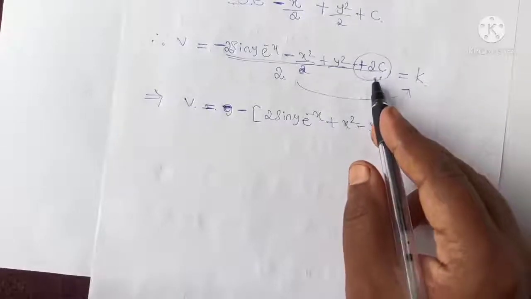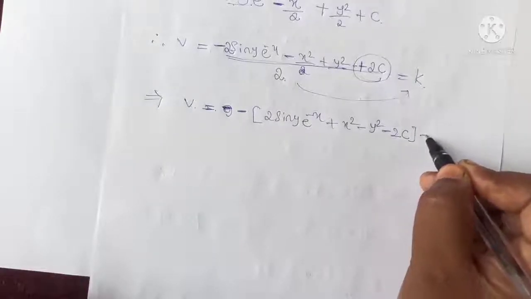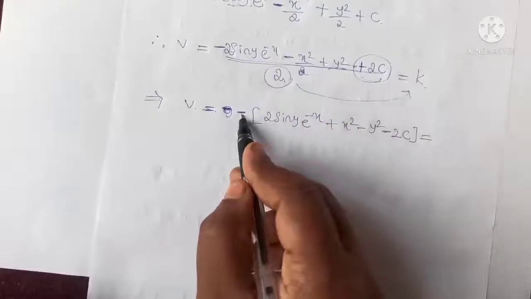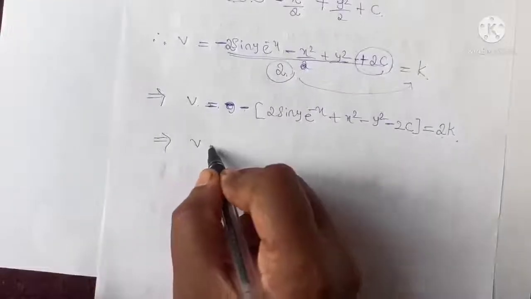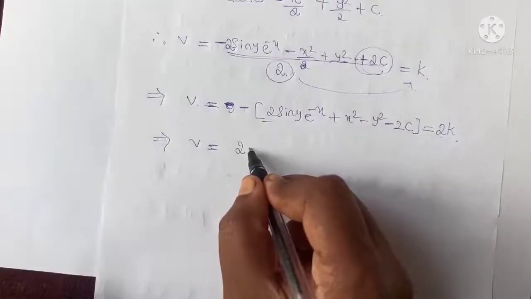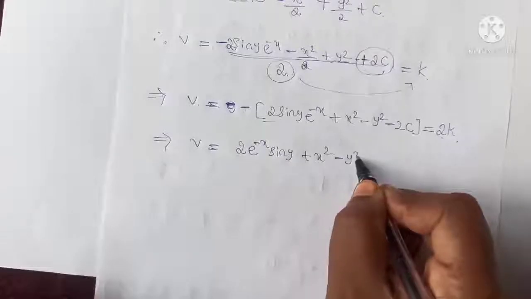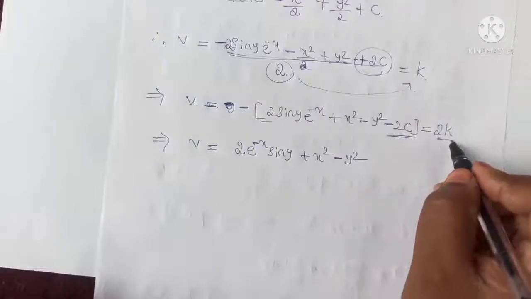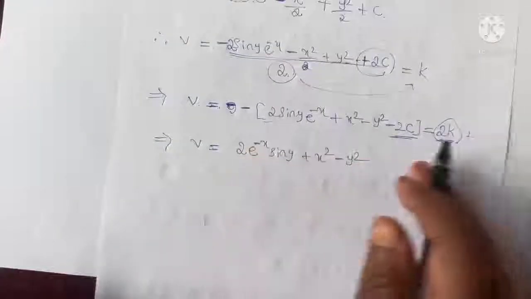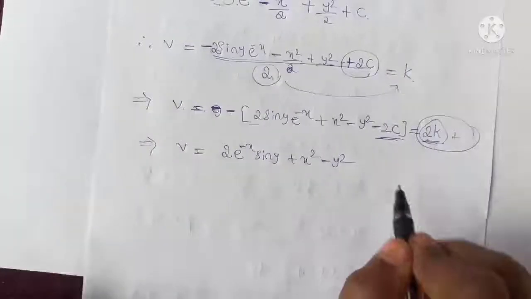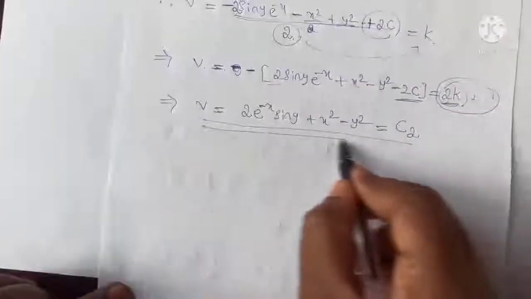Keeping only positive terms, 2 e raised to minus x sin y plus x square minus y square, with minus 2c sent to the other side, so we get one constant in total, which I will take as c2. Therefore this is the required answer.